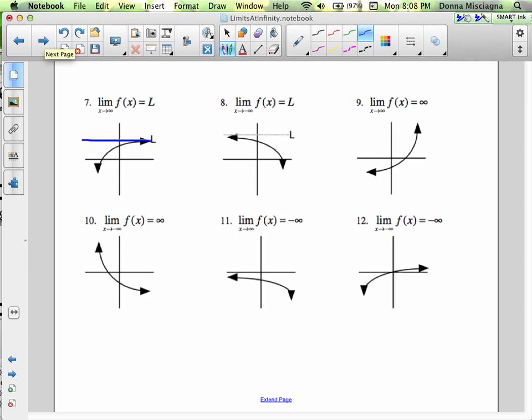We have our function approaching a constant value, so that constant value becomes our horizontal asymptote. So here, I don't have it written down, but L equals horizontal asymptote. Only 2 of them have that. So our L here would be a horizontal asymptote.